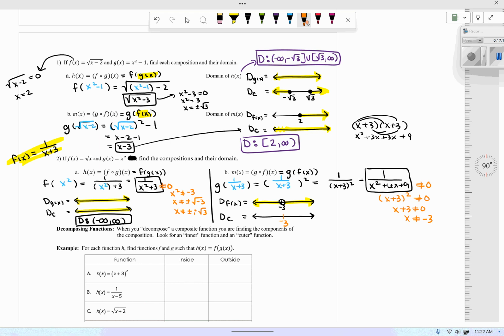So we get the same thing with an open circle, and every other number that we plug in is going to work besides the -3. And so that means the domain for the entire composition is -infinity to -3, parenthesis, union, parenthesis, -3 to infinity. I'm running out of room here. There we go.